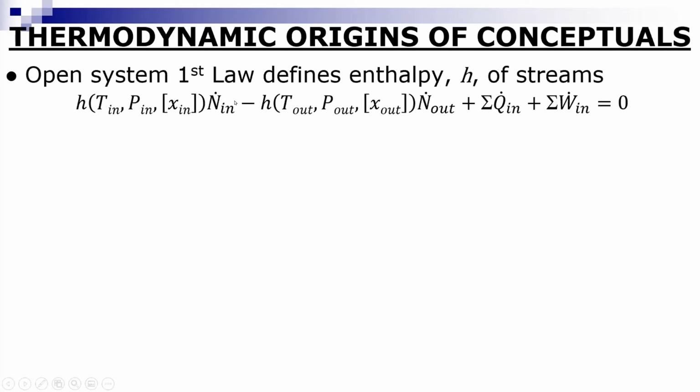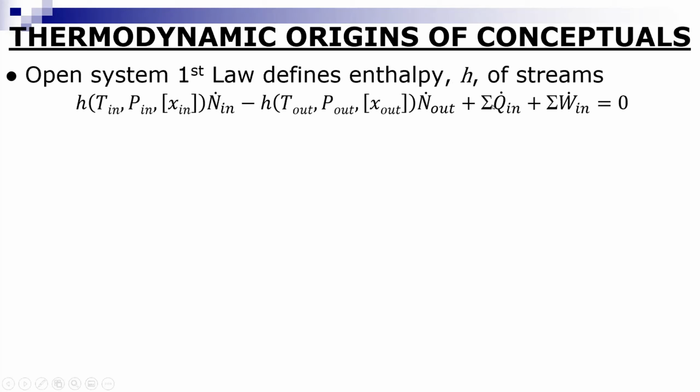So what are the thermodynamic origins of what we call conceptuals? Where do they come from? Well, the open system first law defines the enthalpy of the streams. So this would be the energy associated with the stream coming in at a certain rate, and this would be the energy going out associated with various streams, and there can be more than one.